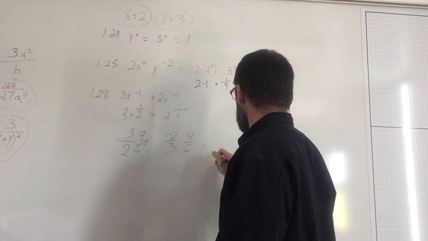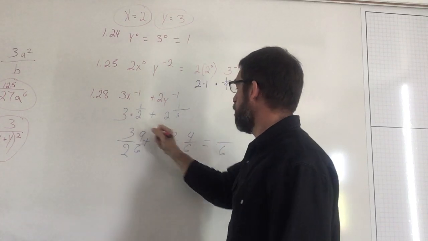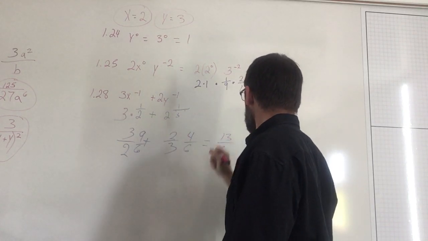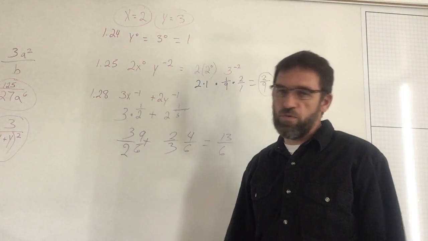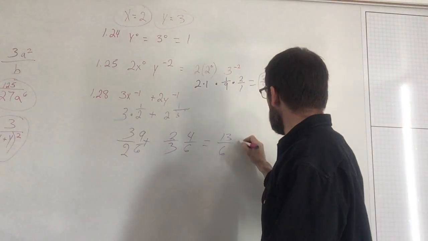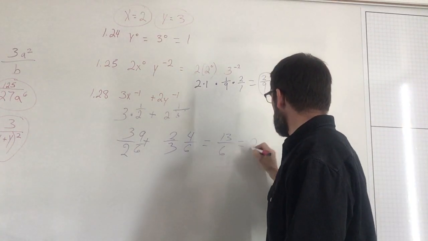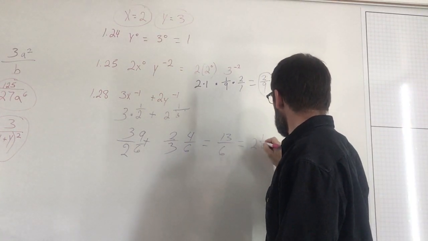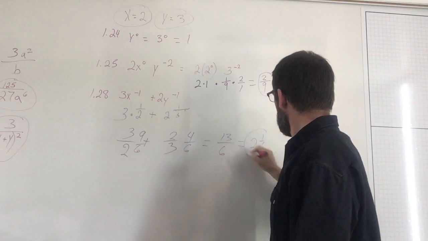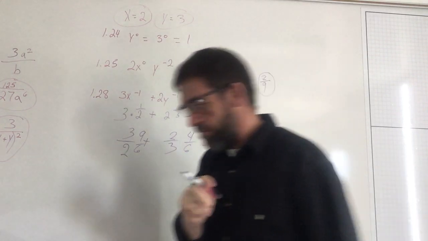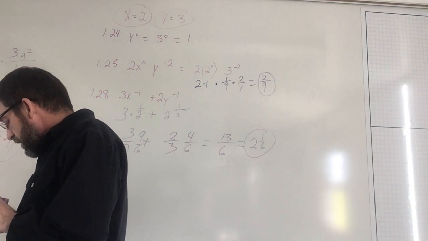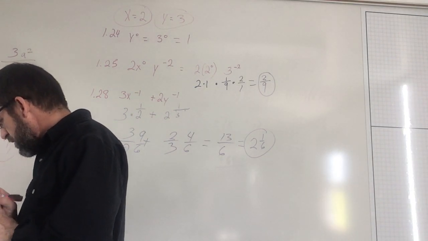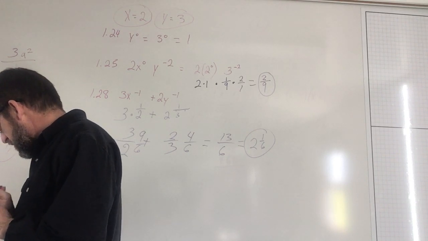So my denominator is 6, and 4 and 9 is 13 over 6. You can leave it improper. If you want to make it proper, 6 goes into 13 twice, so it would equal 2 and 1/6. Let me check that answer though. That's correct. 128 is 2 and 1/6.